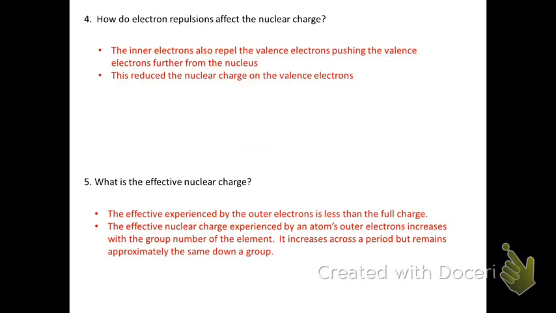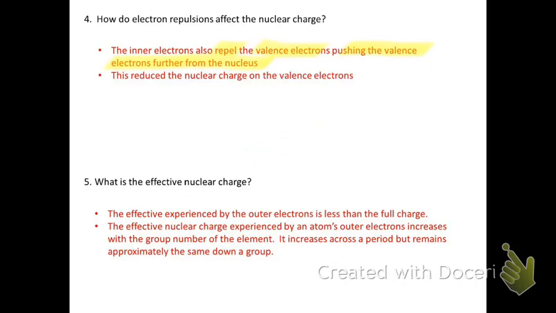Alright, so now let's talk about repulsion, because there are also some repulsion forces that will affect the nuclear charge. The inner electrons not only shield, but they also repel the valence electrons, and therefore they're going to push the valence electrons further from the nucleus.